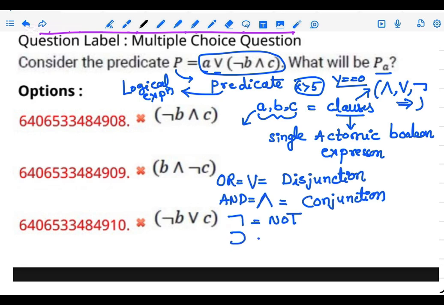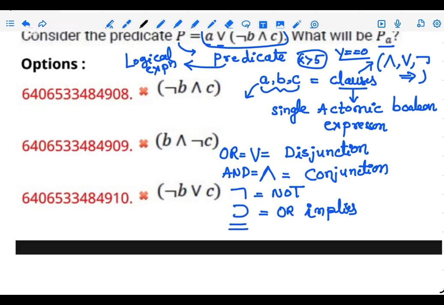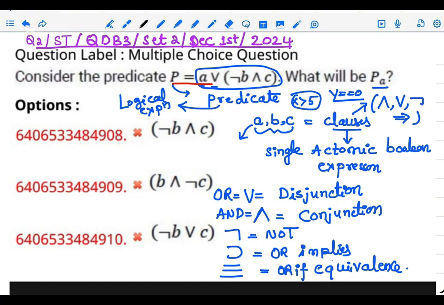This symbol is implies. These three are equivalent to or if. The predicate is P, represented in terms of clauses A, B, C, and these symbols are logical operators. All these are logical operators.